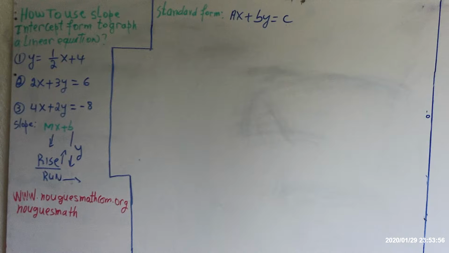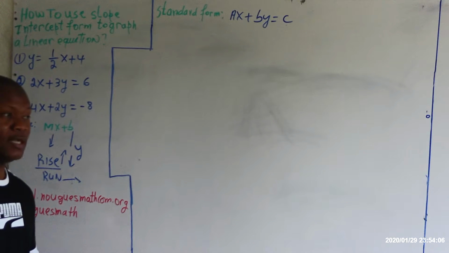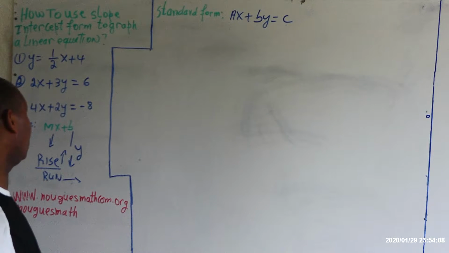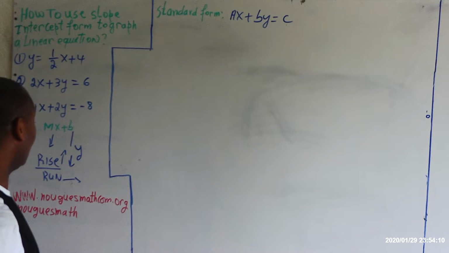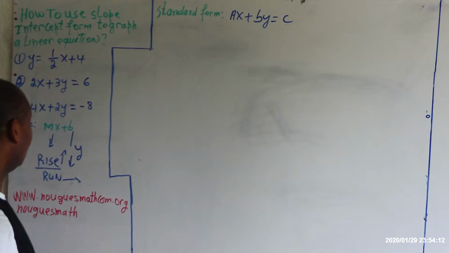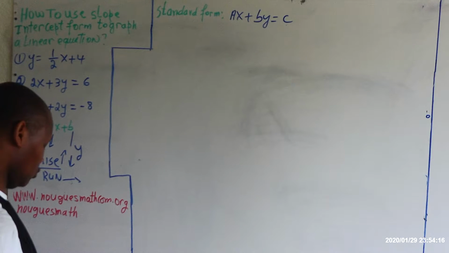All I give you now is the detail. So I'm going to do some examples to show you practically how to graph a linear equation using slope form. Let me use the practice to show you.